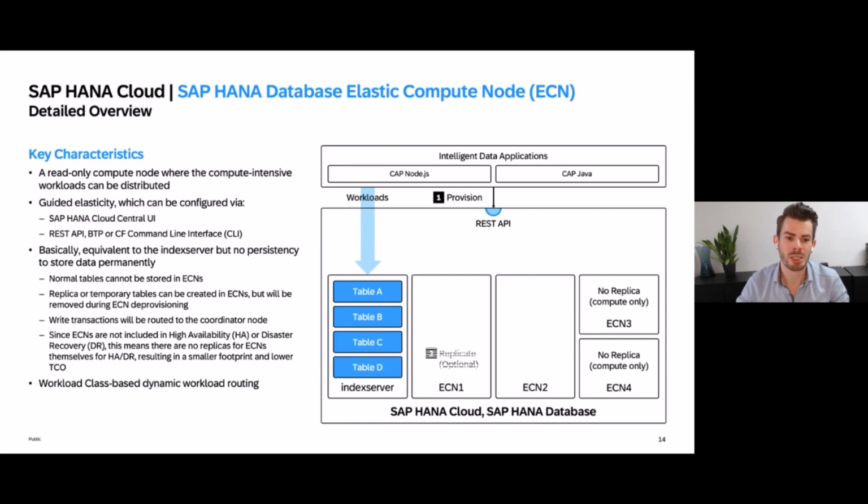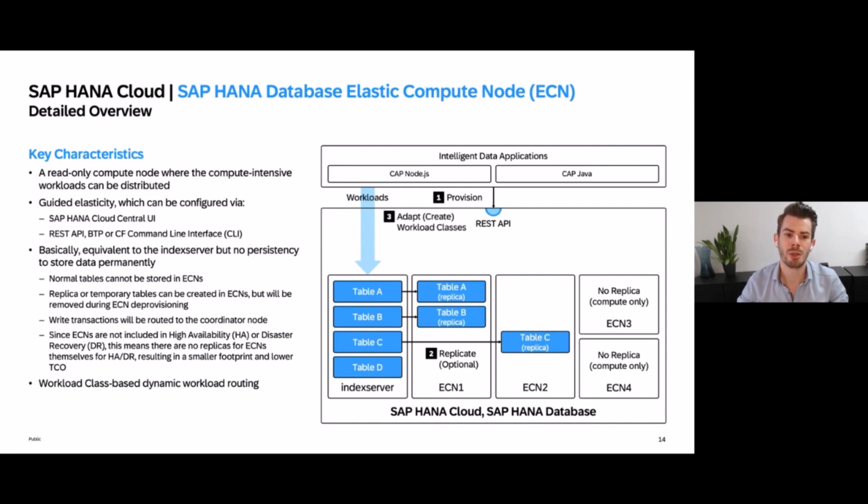Now, what you already see is that with the scenario here, we see multiple tables being replicated into certain Elastic Compute Nodes. This is a conscious decision you have to take in order to optimize certain workloads running within the Elastic Compute Nodes. It is not a necessity, so you can also start without replication first and observe the performance. That would be our recommendation as a start.